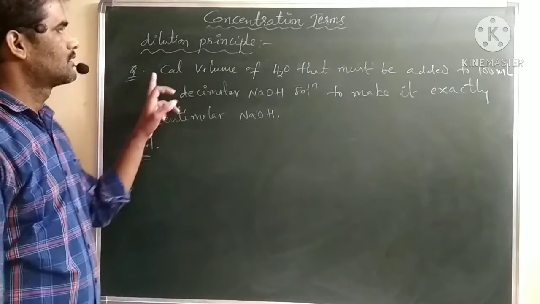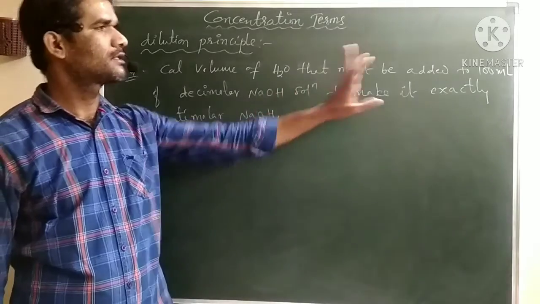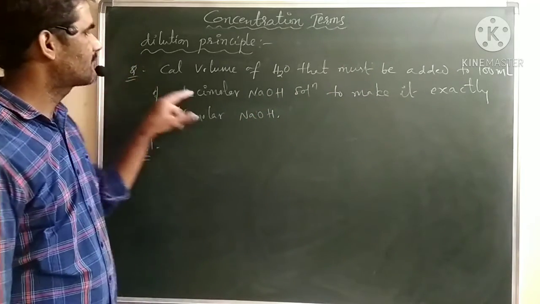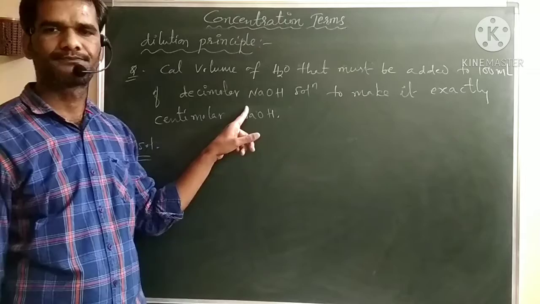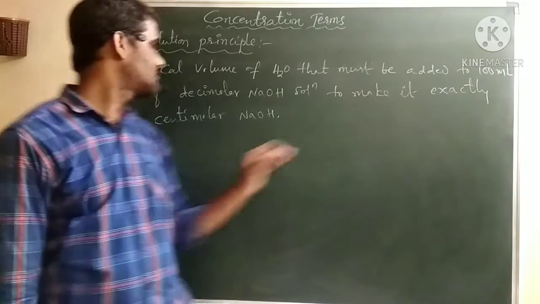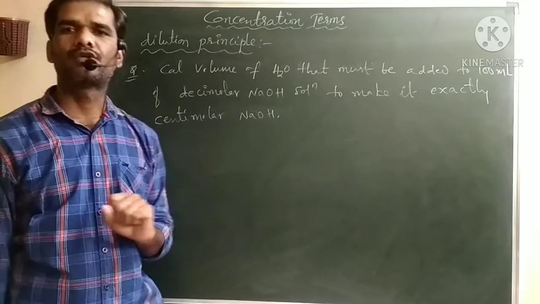Now see here, volume of water that must be added to 100 ml of decimolar NaOH solution, converting it to exactly centimolar NaOH solution.